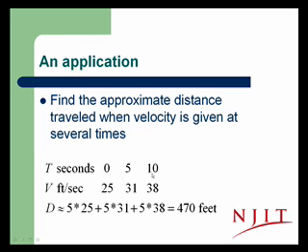We can approximate over 15 seconds what the total distance covered is. We approximate the velocity as 25 feet per second for the first 5 seconds, 31 feet per second for the second 5 seconds, and 38 feet per second for the third 5 seconds. This is the equivalent of dealing with the left rectangles. We add those together and we get an approximation that we've traveled 470 feet.